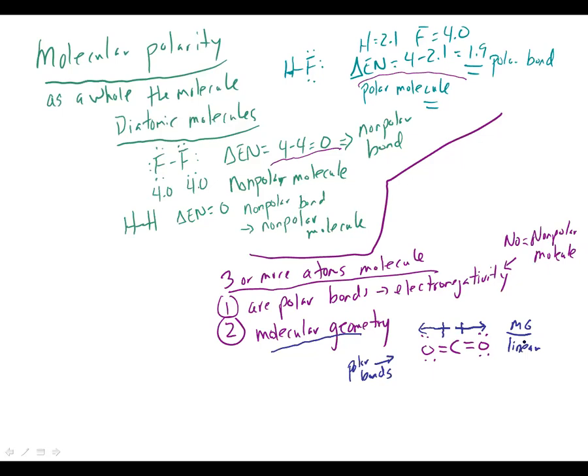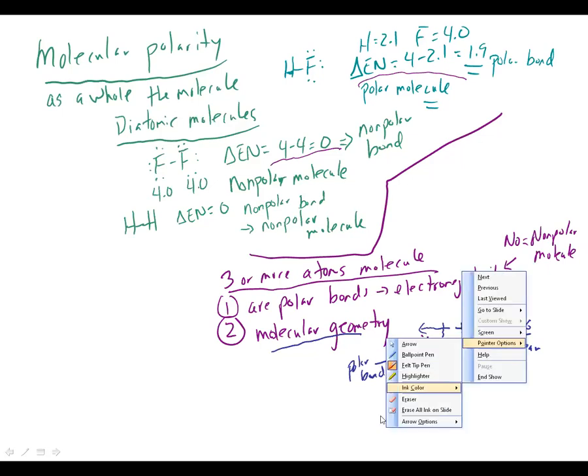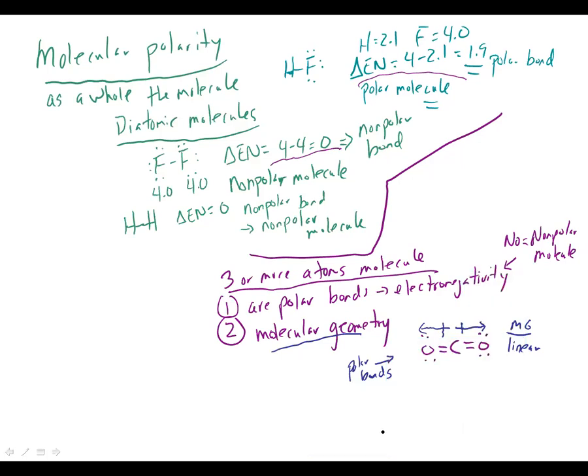So basically what we have in this case is this oxygen over here pulling this way. But because it's in a straight line, we have that oxygen pulling that way as well. So they're basically equal and opposite of each other.